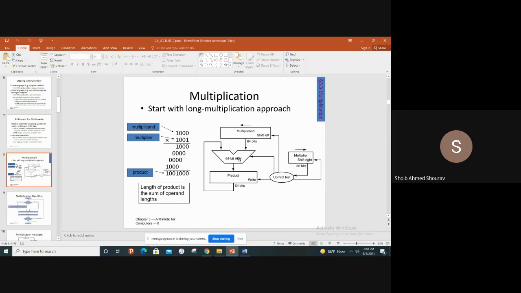Please respond. Yes, sir. Sir, is the p value always fixed or not? Can you repeat again? Why will the p value always be fixed?